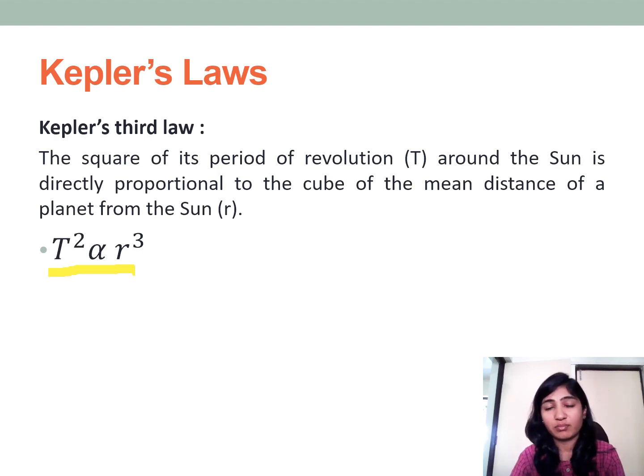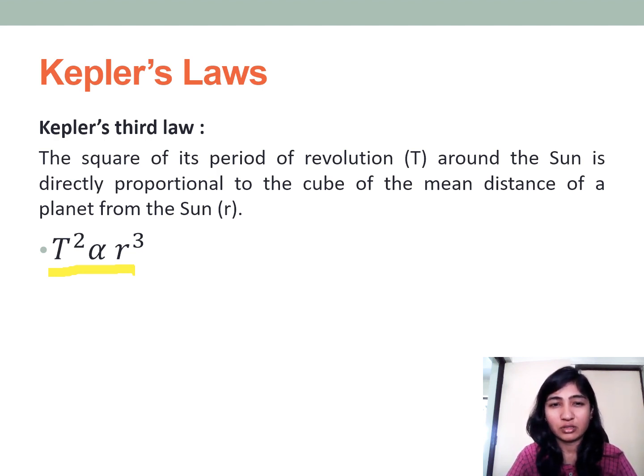So mean distance means average, R is the average distance. So T square is directly proportional to R cube, that is, the square of the period of revolution is directly proportional to the cube of the mean distance of the planet from the sun.